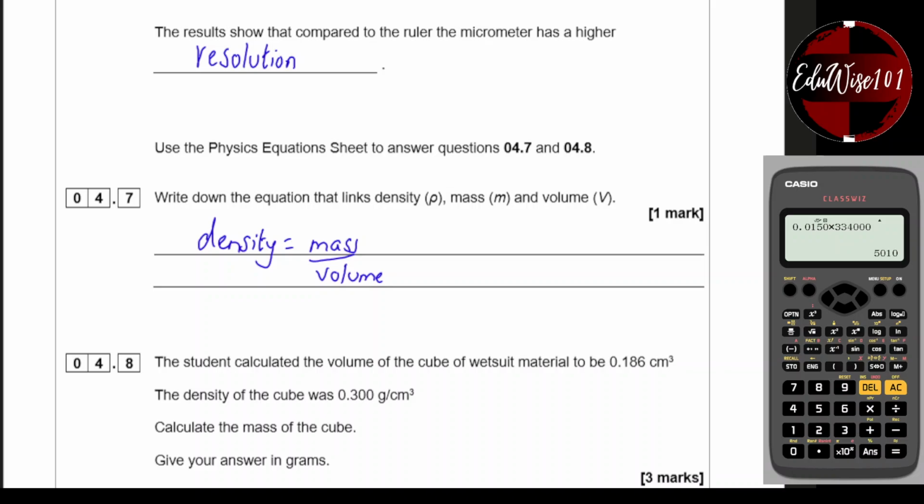You can write the word equation for 1 mark, or you could simply write the symbol equation rho equals M over V.